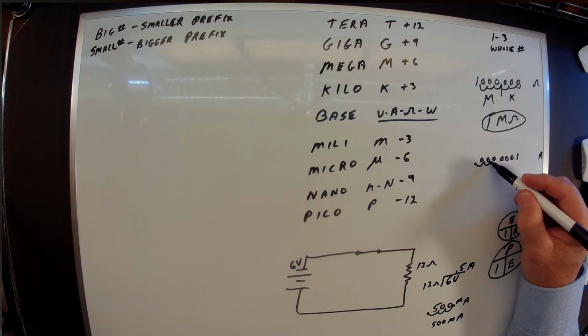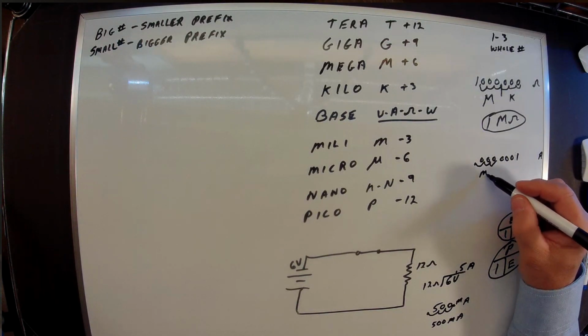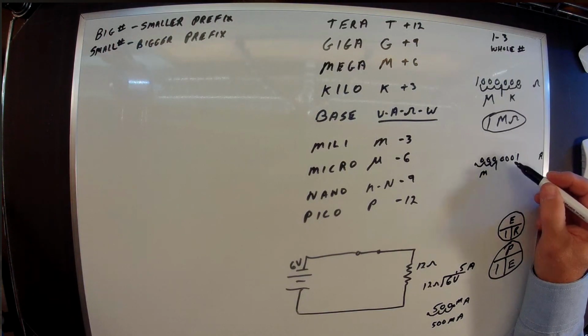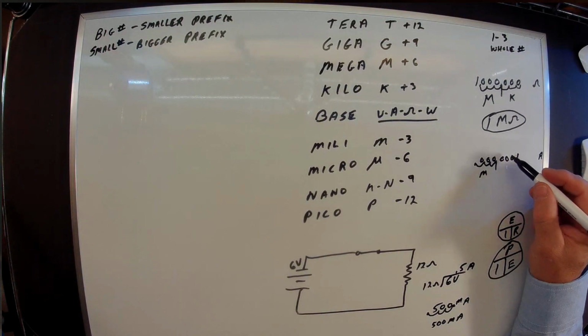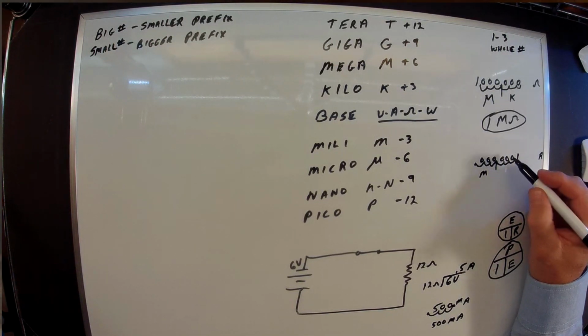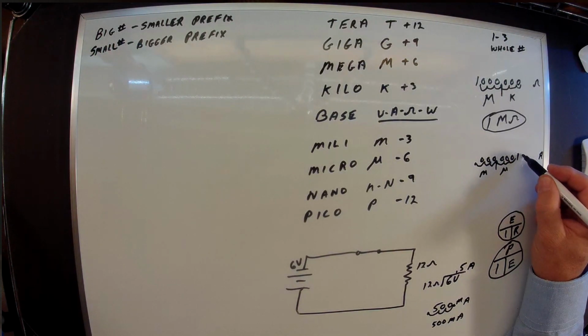Okay, so let's move it 3. If we move it 3 to the right, which will be down, that would be milli. So we put a little m here. That's milli. That's not enough. We'll move it 3 more. That would be the micro, the mu. So that's the mu. And then we need to move 3 more.